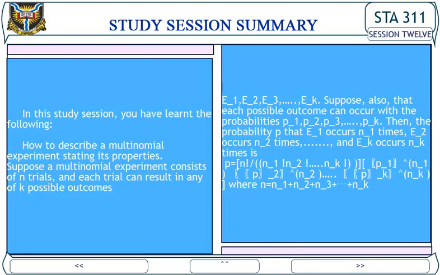Suppose also that each possible outcome can occur with probabilities P1, P2, P3 to Pk, then the probability P that E1 occurs n1 times, E2 occurs n2 times, and Ek occurs nk times is P is equal to, where n is equal to.